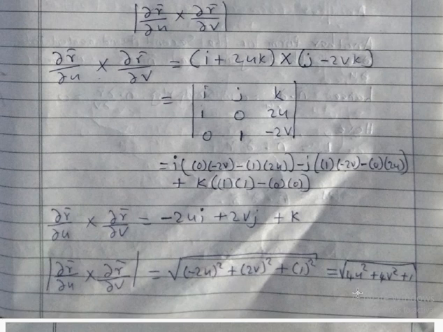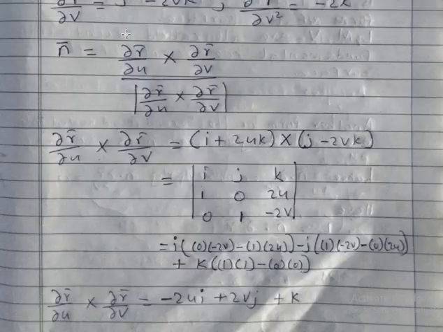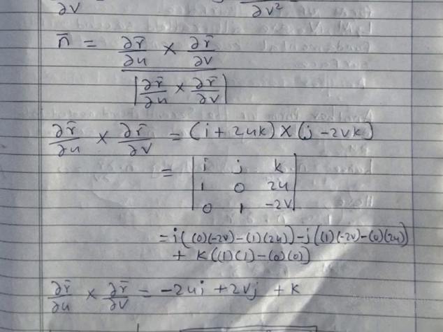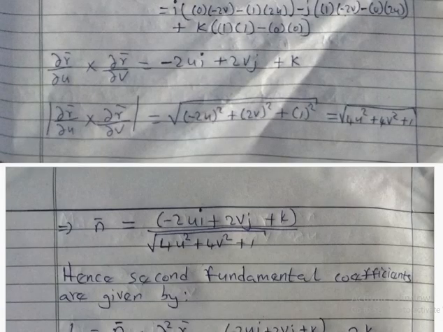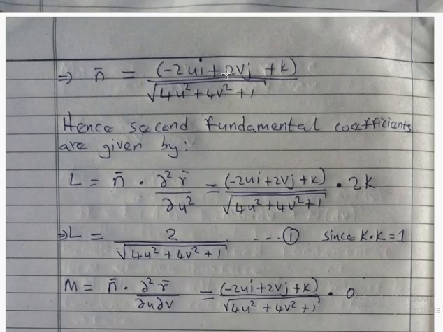So remember, our aim was to get the unit normal, and the unit normal will be the same as the normal, which we have obtained to be negative 2ui plus 2vj plus k, divided by the modulus, the square root of 4u squared plus 4v squared plus 1. Therefore the unit normal, lowercase n, will be equal to negative 2ui plus 2vj plus k divided by the square root of 4u squared plus 4v squared plus 1.